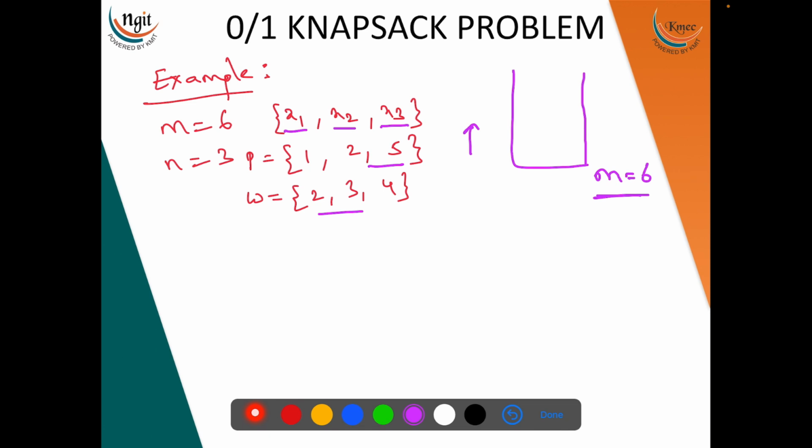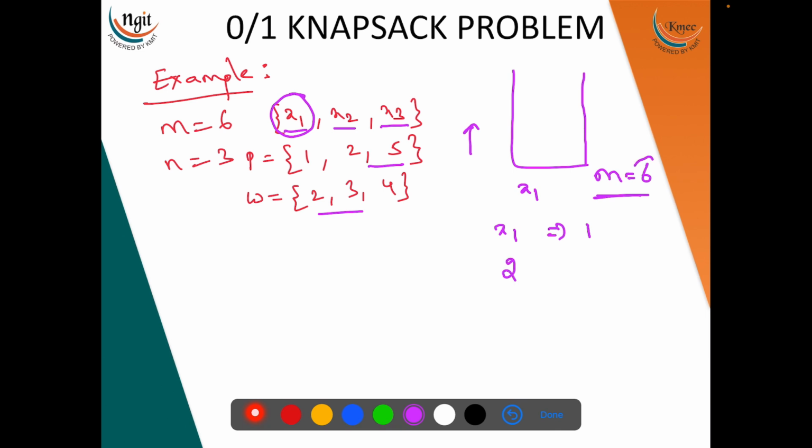As I have the first item, think about whether I can place the x1 item into this bag. If I place x1 inside the bag, what is the profit? If I place x1, I'll get a profit of 1, and the weight is 2.